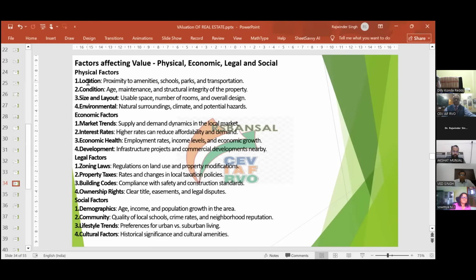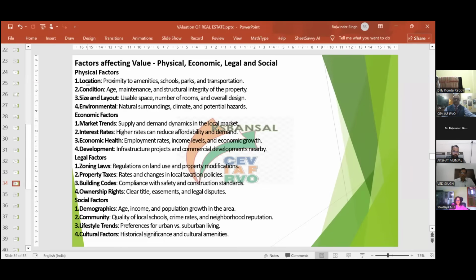Then economic health, employment rates, income levels, and economic growth at the local level, at the national level, and at the international level. And then development in the area, infrastructural projects and commercial developments nearby the asset.